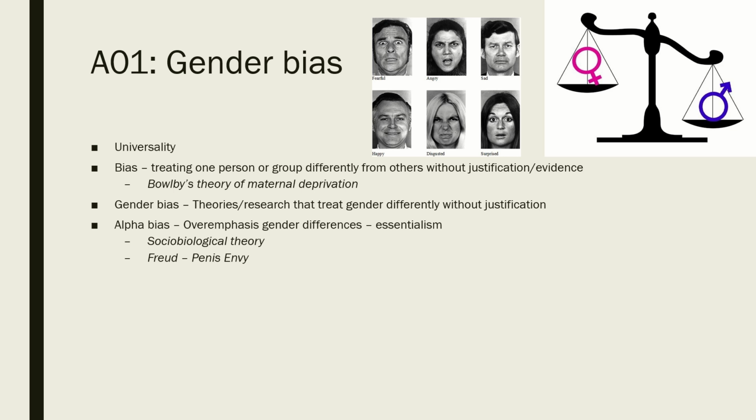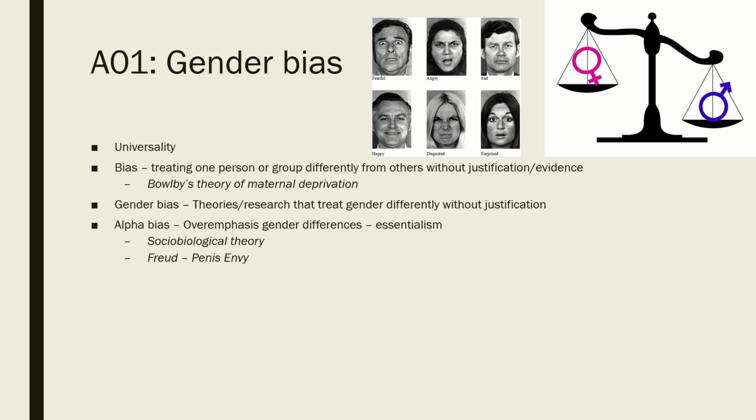So the sociobiological theory is the idea that it's a biological belief that men have evolved to want to impregnate as many women as possible, and therefore they seek out short-term relationships, which is the fancy psychological term for one-night stands, because then they can move on to the next woman, impregnate her, and keep moving around.